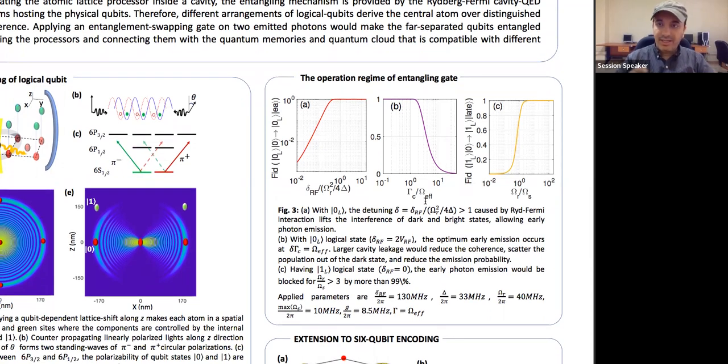In figure B, I discussed that there is a maximum limit for the emission of the cavity. Large cavity leakage would reduce the coherence, scatter the population out of the dark state, and reduce the emission probability. And in figure C, I discussed that in case of one logical qubit, if we want to have perfect fidelity, above 99% fidelity, Omega R must be larger than 3 times Omega S.